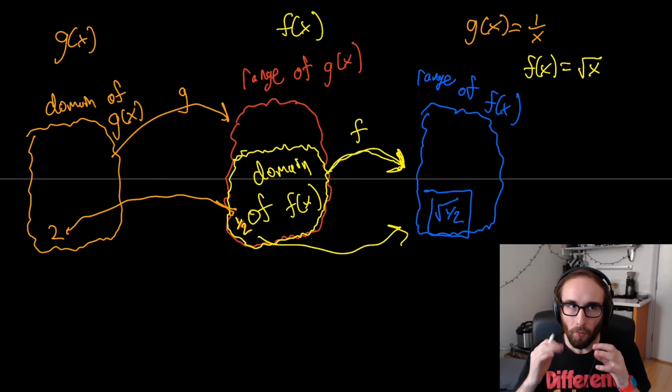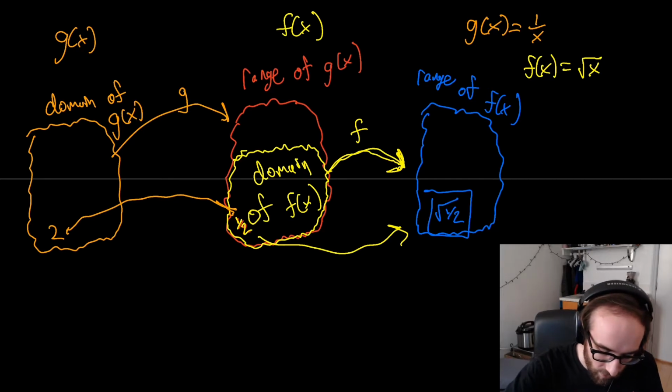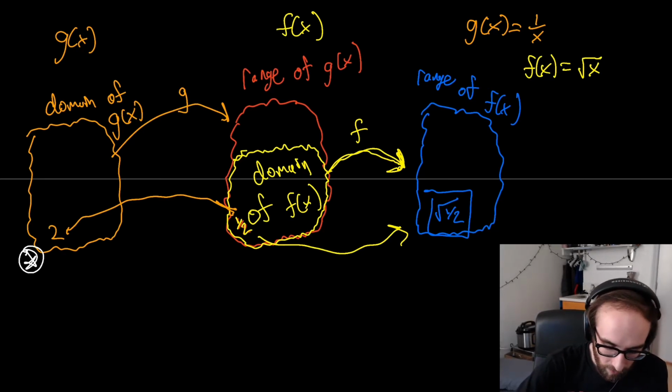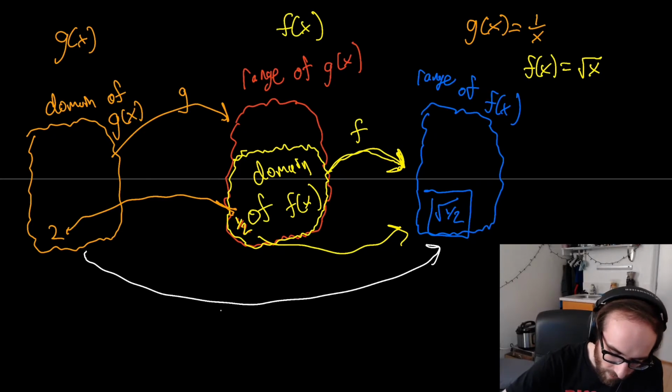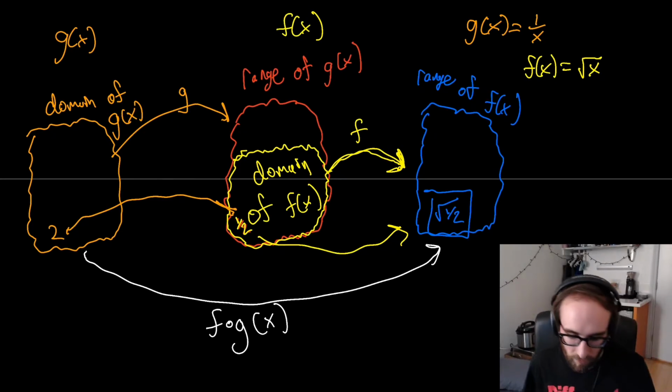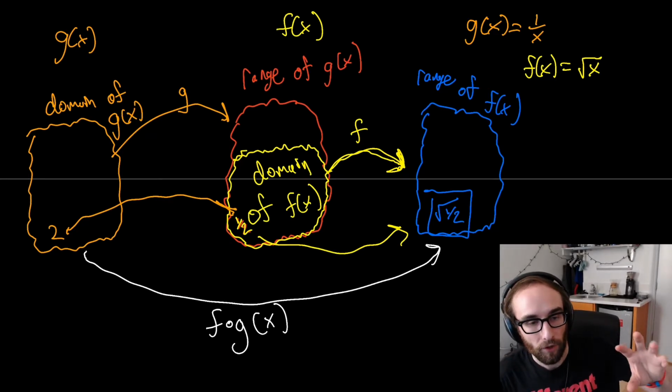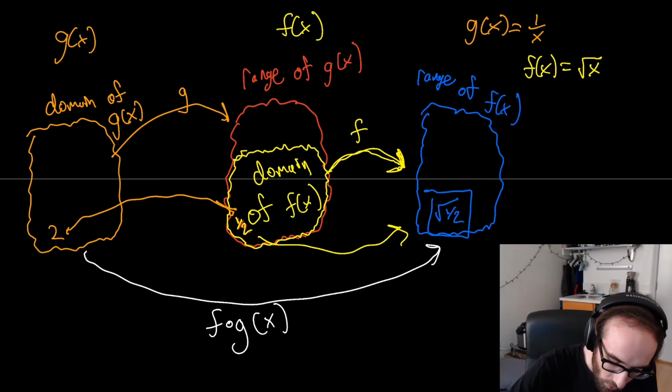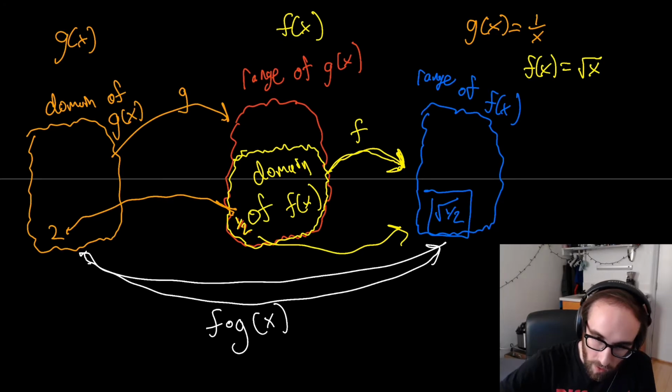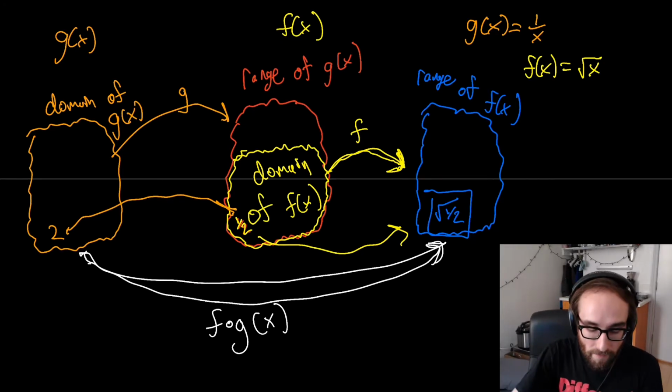So one way to think of f of g of x is starting with our domain of g of x over here, and then taking those numbers, applying f of g of x. So we're plugging them into the composite function f of g of x, and then we skip all the way over to the range of f of x.